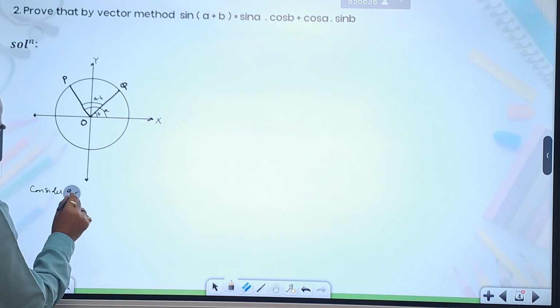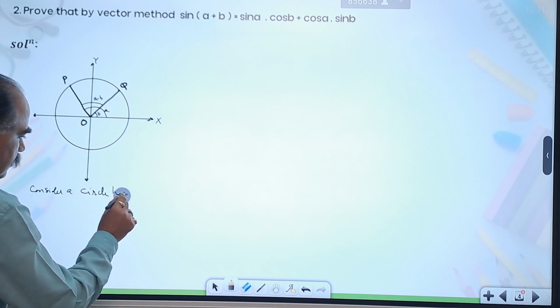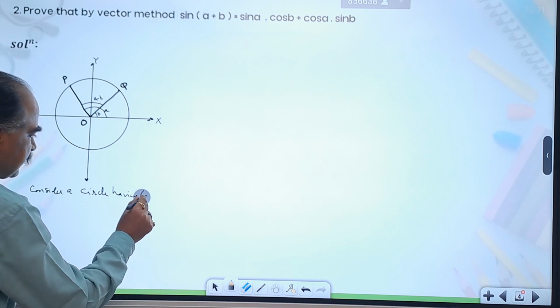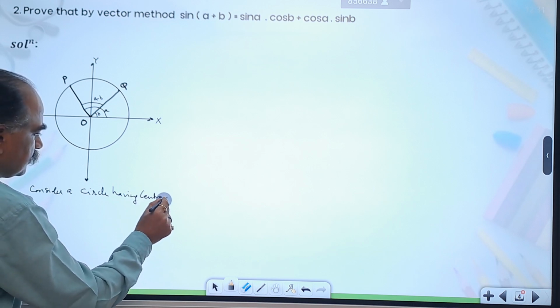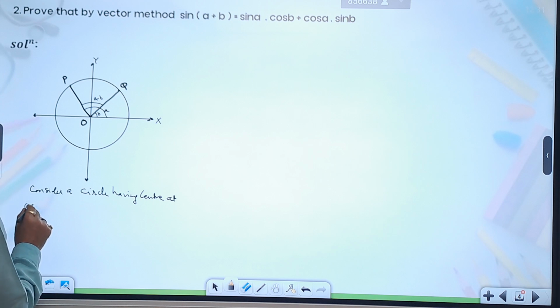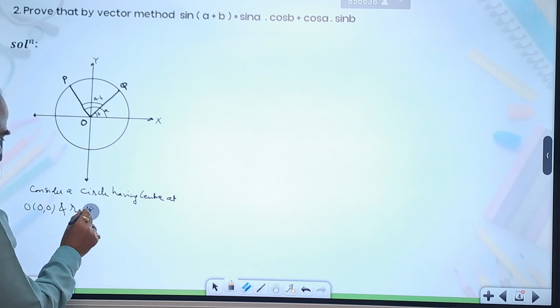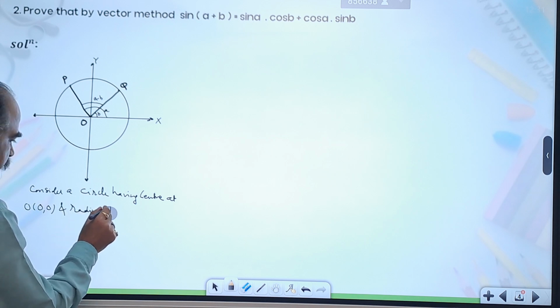Consider a circle having center at origin and radius 1 unit.